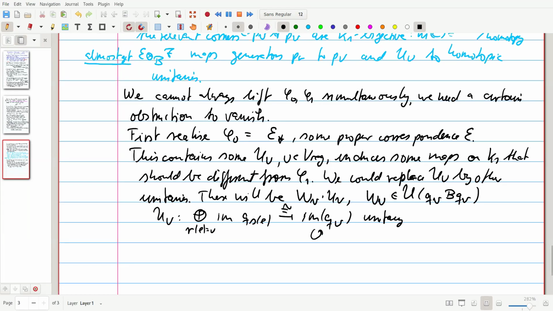That's the freedom you have composed with an extra unitary here. And a unitary on this thing would just be unitary in this corner algebra in B. So I can actually change E star a bit, and this is the only change I can do.